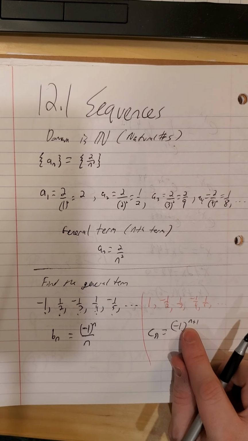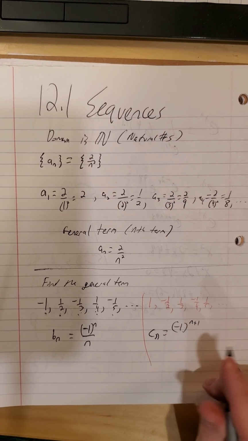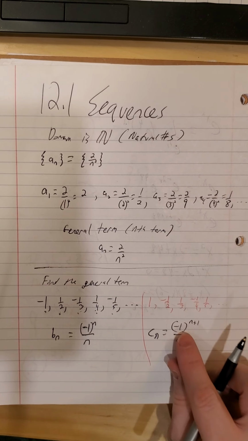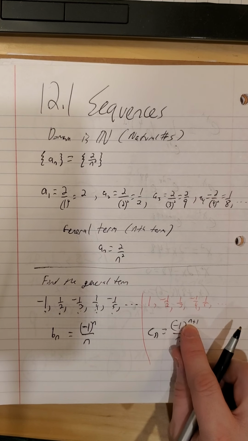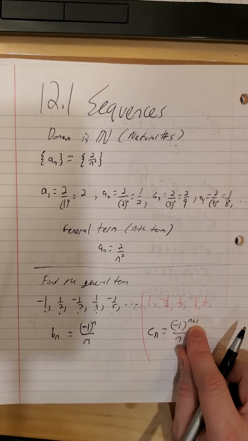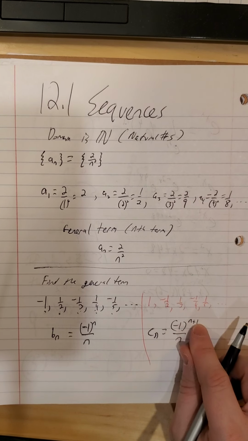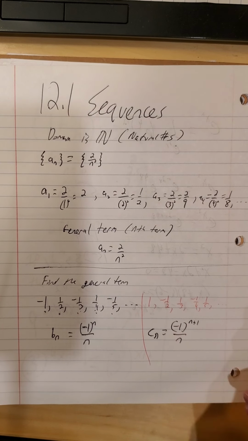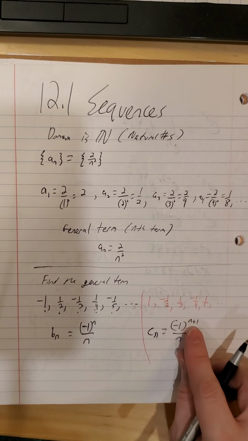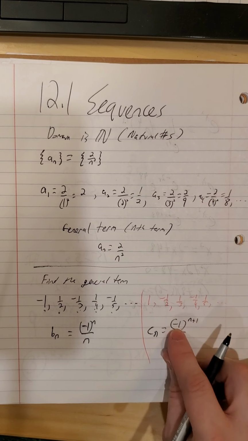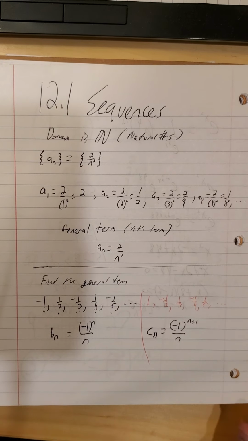We can just call it -1 to the n plus 1 power over n. So that way, odd index, odd plus 1 is even. -1 to an even power is a 1. Kicks us over to a positive. But an even index, even plus 1 is odd. -1 to an odd power stays negative.